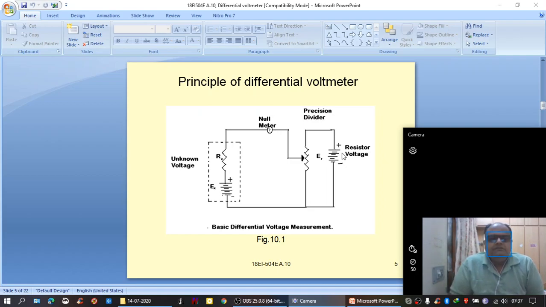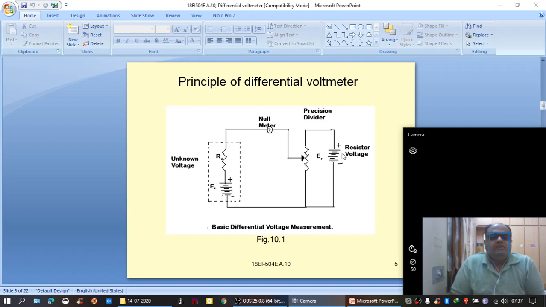Now, by using any of the voltmeters, we can measure the potentiometer voltage, and that is nothing but the voltage of the unknown source, or unknown voltage of the portion of a network. So that is the basic principle employed in differential voltmeter.